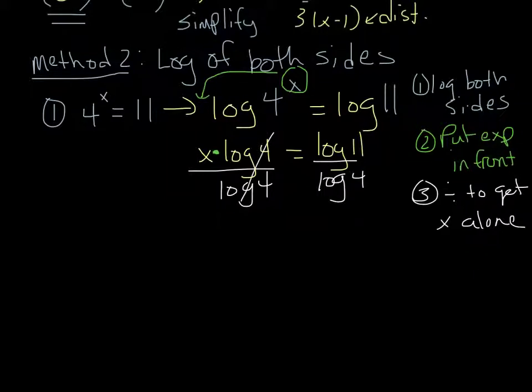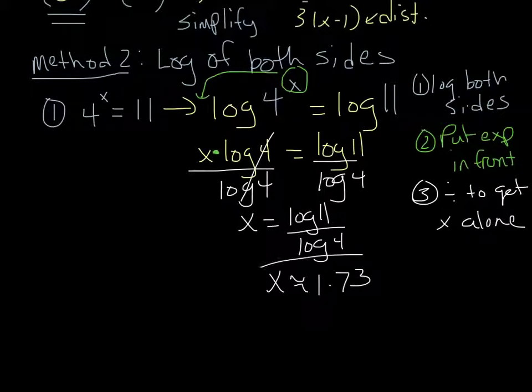So log of 4 and log of 4 cancels. x equals log of 11 over log of 4. And that means that x is approximately 1.73, and I'm using my calculator to get that. But I log both sides, and that allows me to get the exponent out of the exponent.